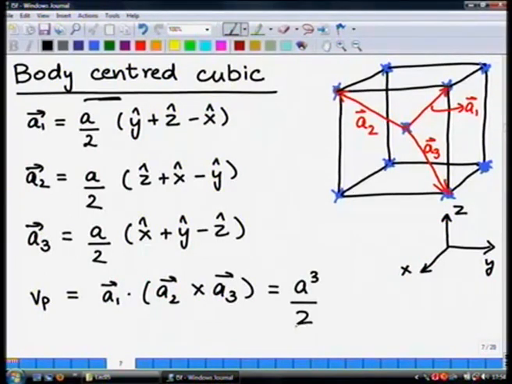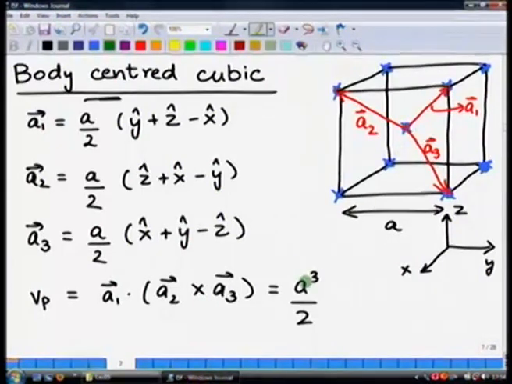That should be obvious, because if the lattice parameter of the body centered cube is A, then the whole volume should have been A cube, and there are two lattice points in this whole picture which I have drawn with black lines. So, if you draw a primitive cell which has only one lattice point per unit cell, then the volume of that primitive cell should be half of the whole cell. So, that is A cube by 2. That is the primitive cell.